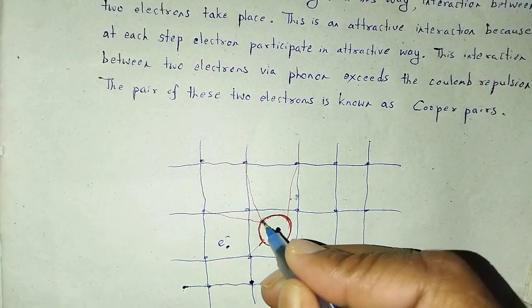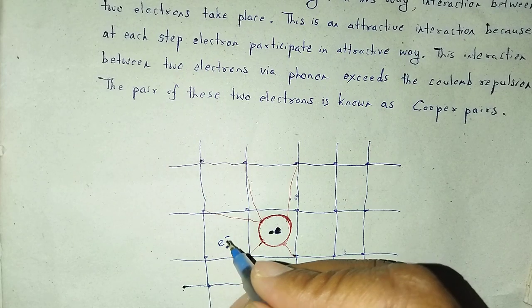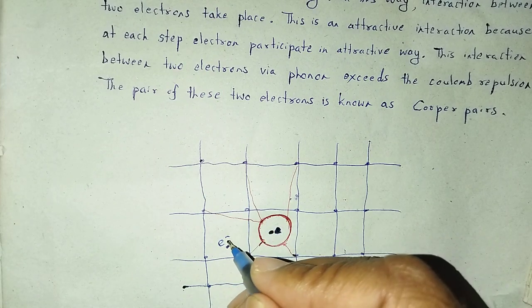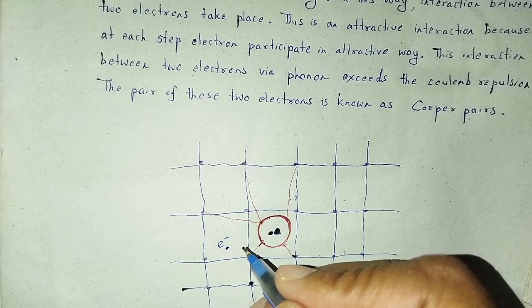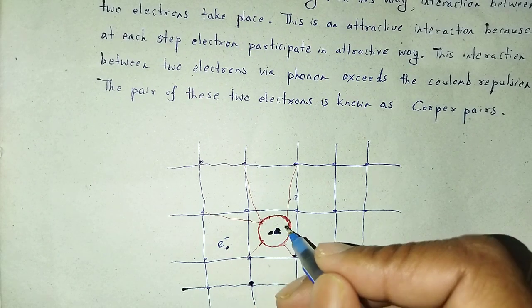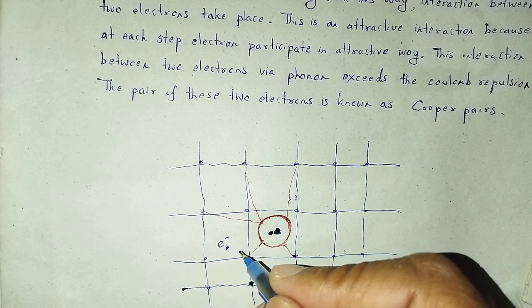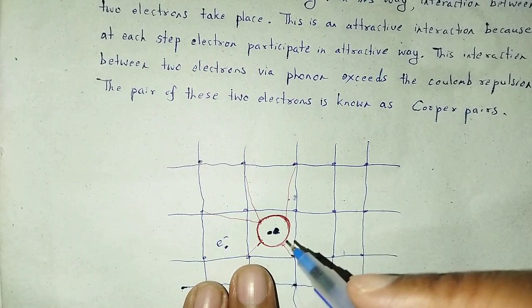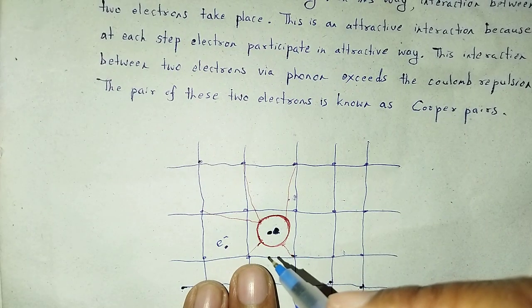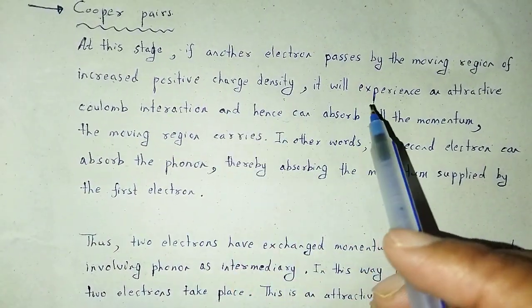Here is the positively dense charge, and that one is the electron. The positively dense charge and the electron are attracted to each other, but inside the positively dense charge there is also an electron, so the electrons repel each other. So what will be the net electrostatic force? That is explained here.